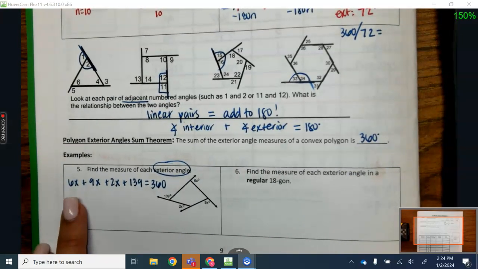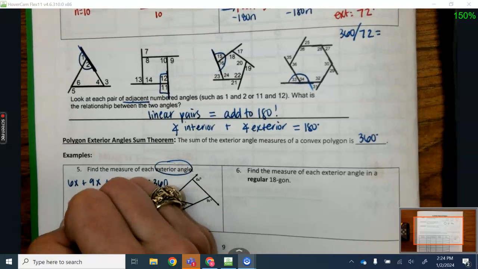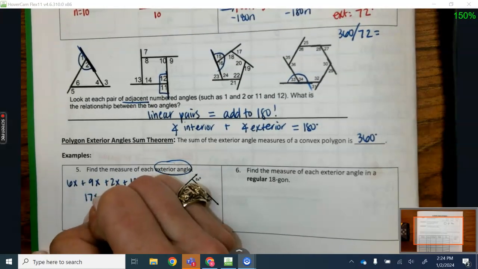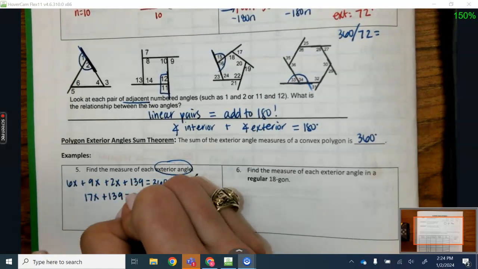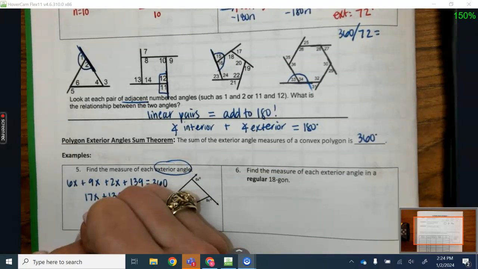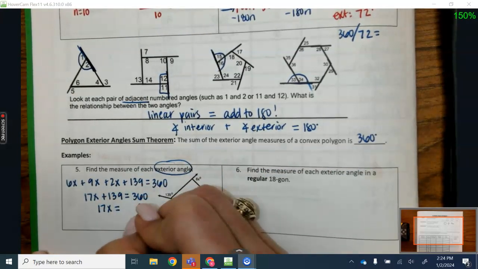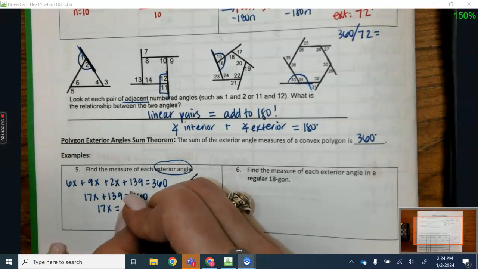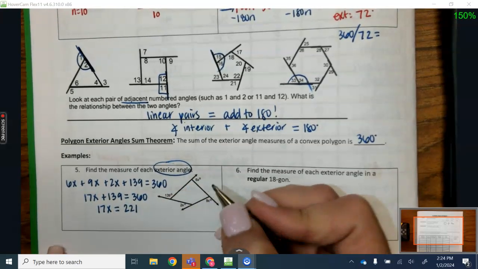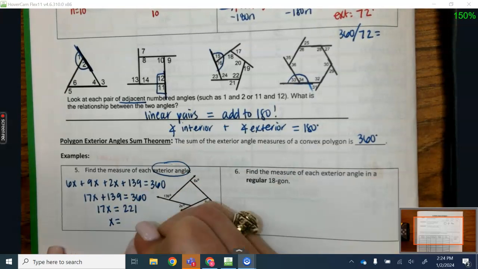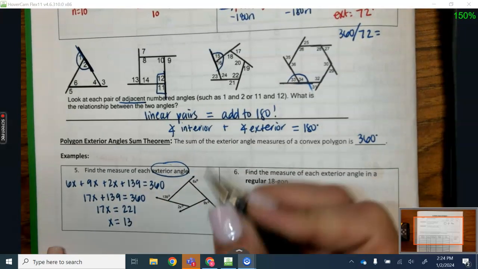If I simplify this, 6 plus 9 plus 2, I get 17x plus 139 is equal to 360. When I subtract over 139, I get 17x is equal to 221. Divide by 17, and x is equal to 13, okay?